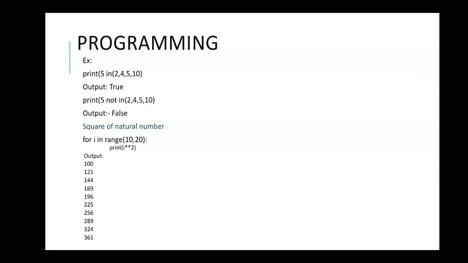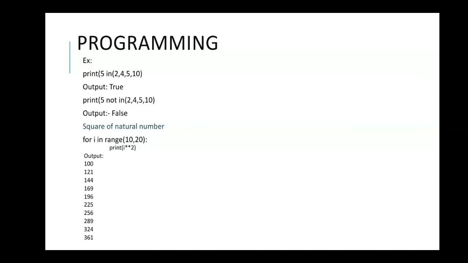You can see the double asterisk is used for the exponent. We have to find the square, so this operator indicates the square, so it will be i to the power 2. You can see the square of 10, 11, 12, 13, it will go till 19. It won't touch 20 because 20 is the final value.